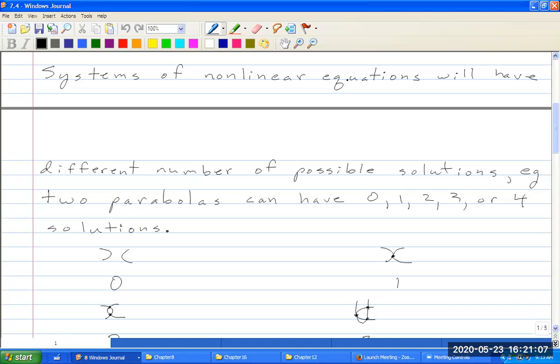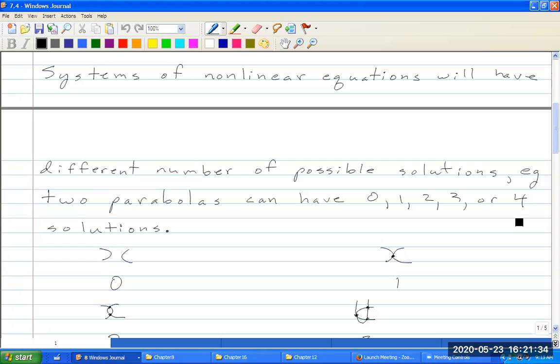Okay, so systems of nonlinear equations can have many more differing numbers of solutions as compared to systems of linear equations. So let's say I have two parabolas, we can actually have 0, 1, 2, 3, or 4 solutions.